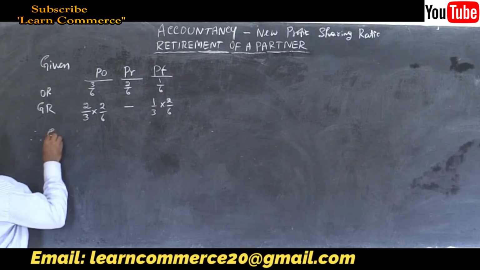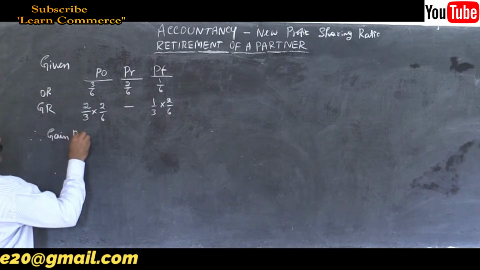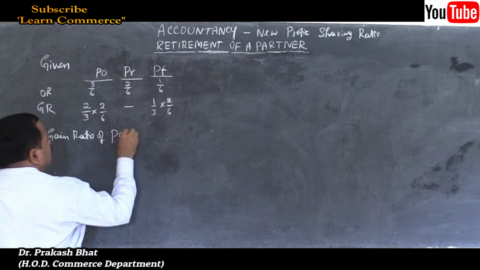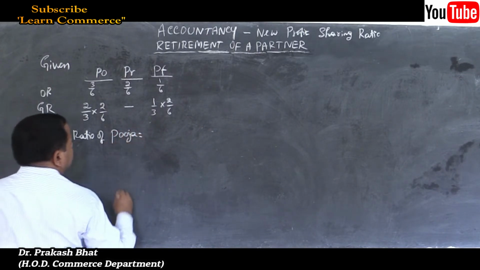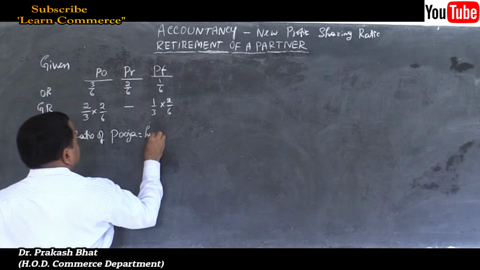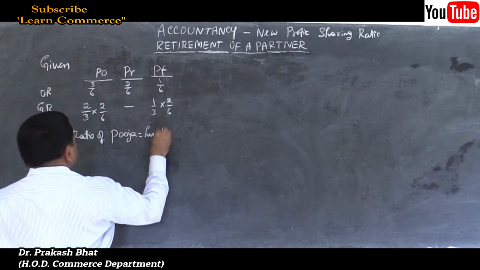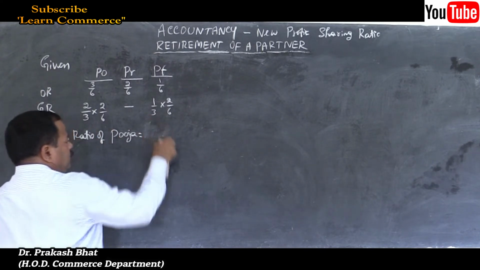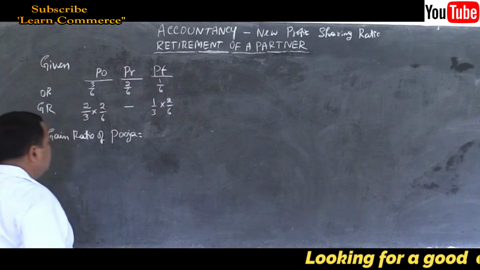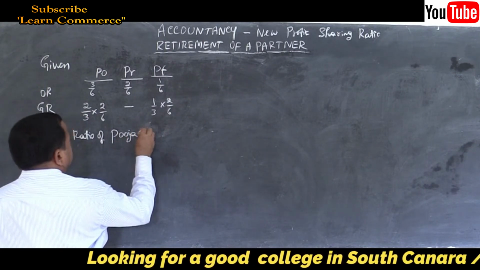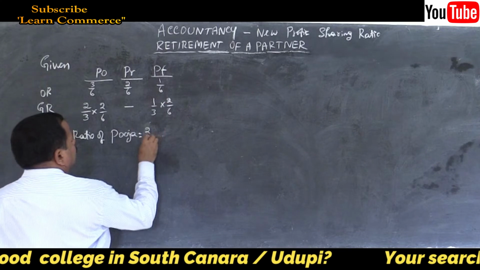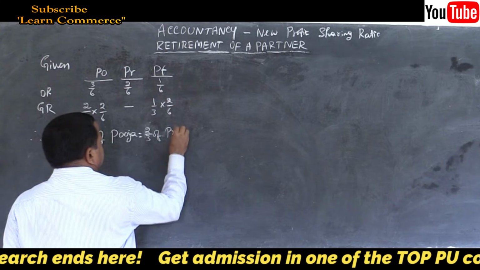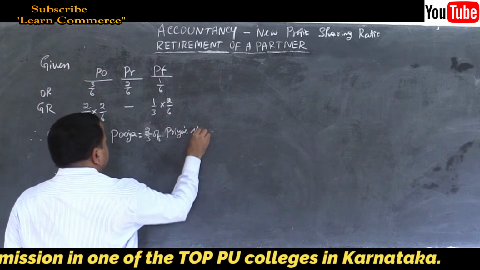Therefore, gain ratio of Pooja is equal to 2/3 of Priya's share, right?